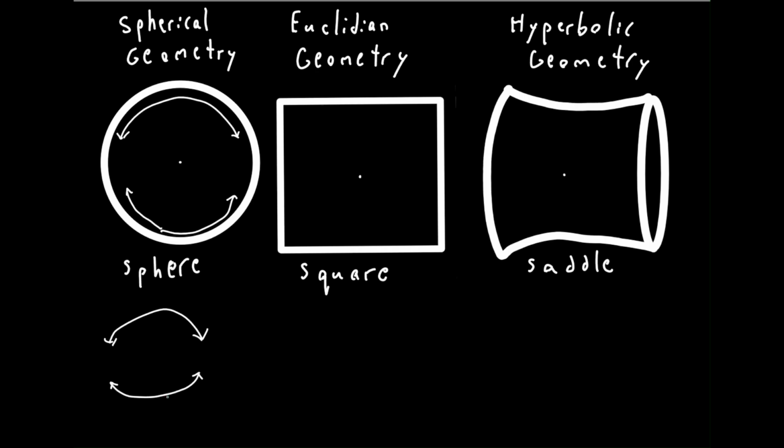In spherical geometry, these lines are actually parallel because they're curving around a sphere, which means they would meet at 90-degree angles. However, the lines converge, which means after a while, even if they're parallel, the lines would meet.